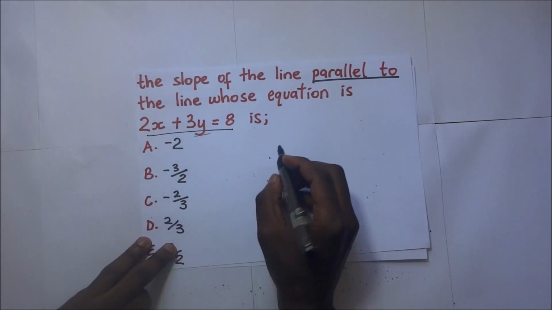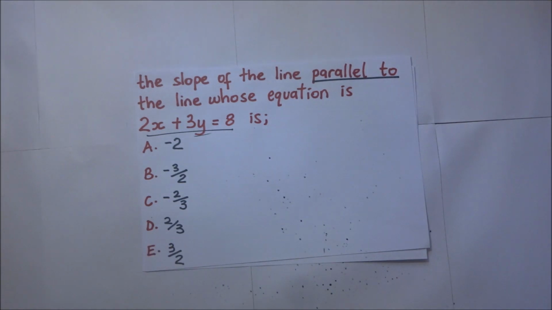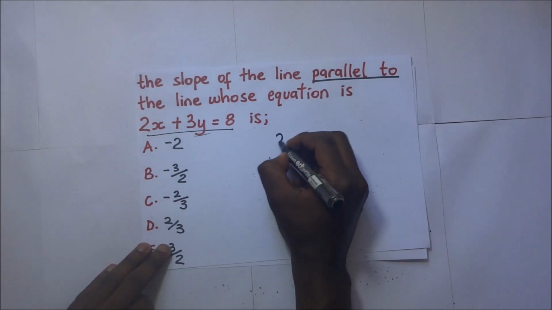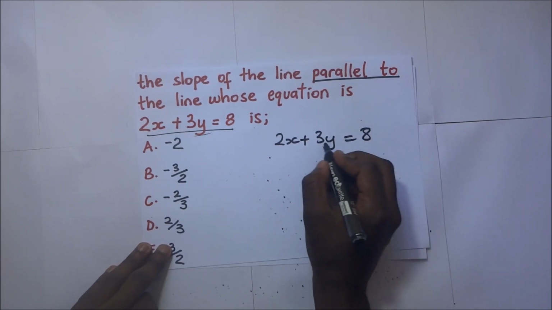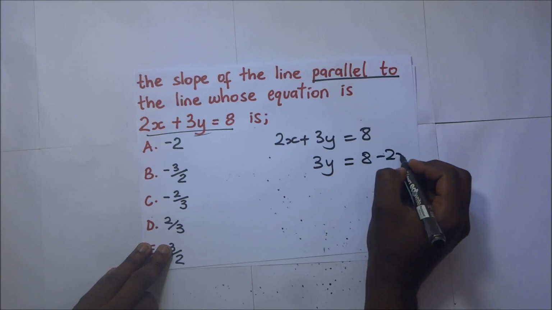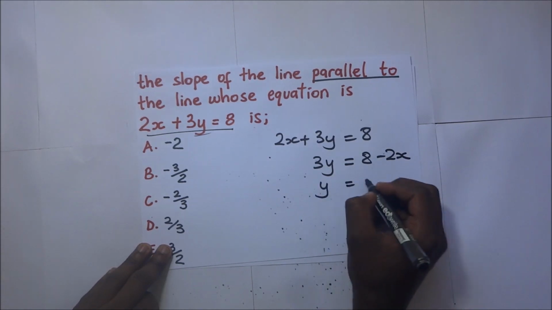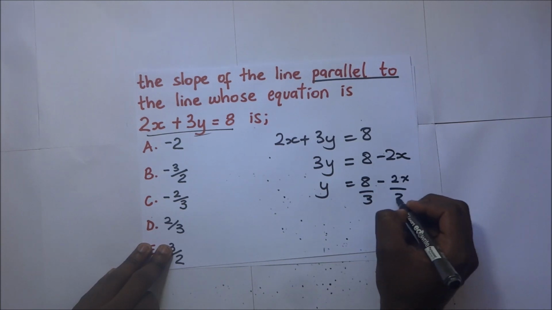We rearrange this equation by making y the subject of the formula, so that we put it in the form y is equal to mx plus c. So this is 2x plus 3y is equal to 8. 3y becomes 8 minus 2x. Of course, y becomes 8 over 3 minus 2x over 3.